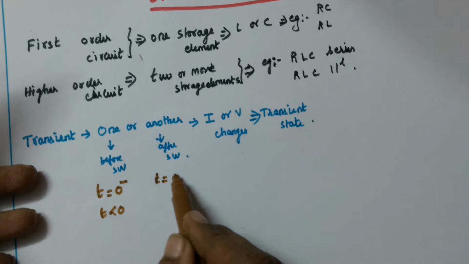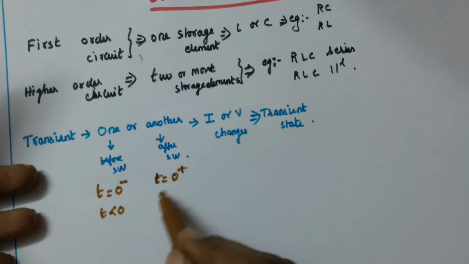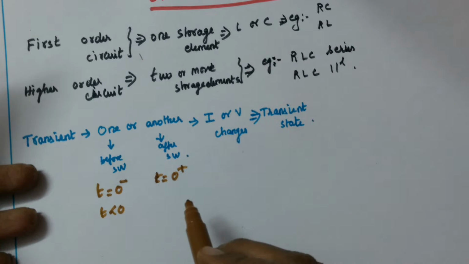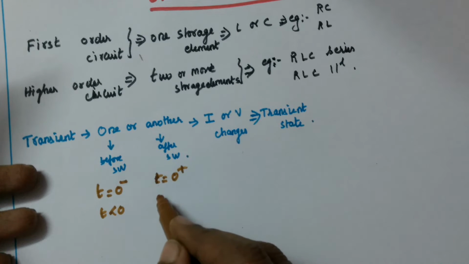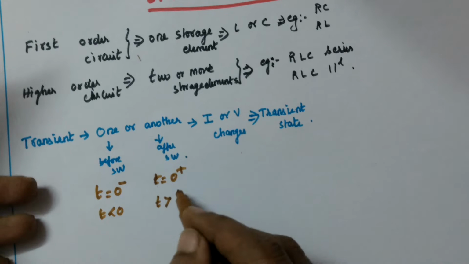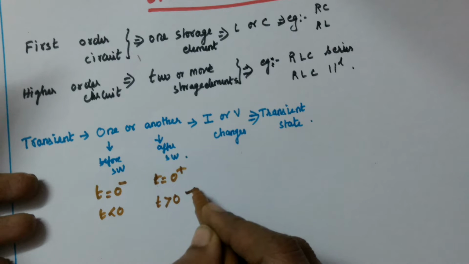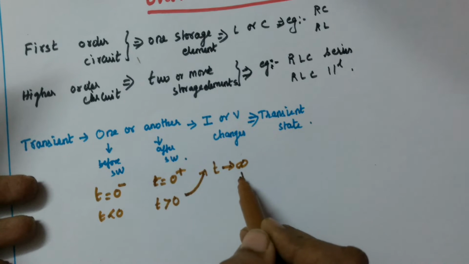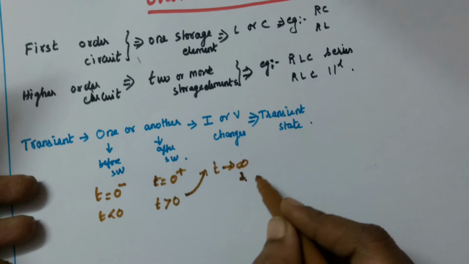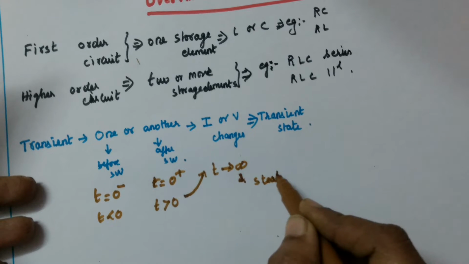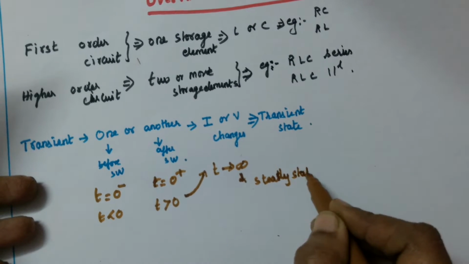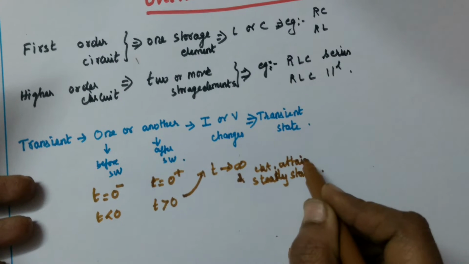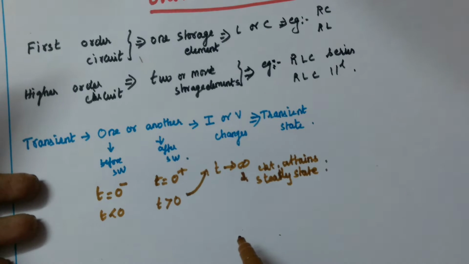Immediately after switching, we define the time as t equal to 0 plus. Then t greater than 0, and when time passes and t tends to infinity, the circuit attains the steady state value for both the current and the voltage.